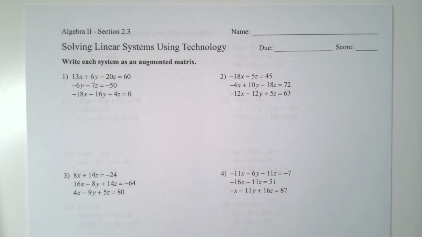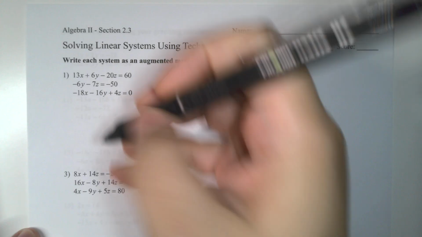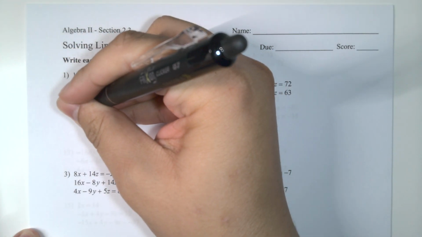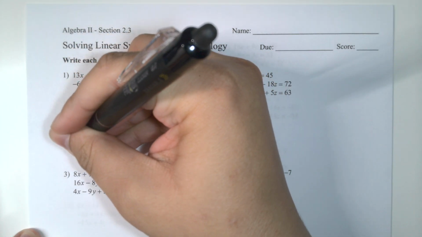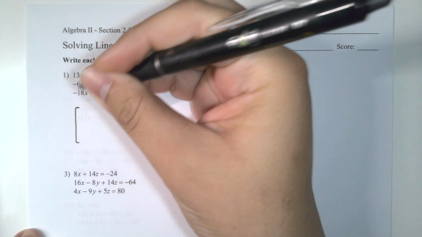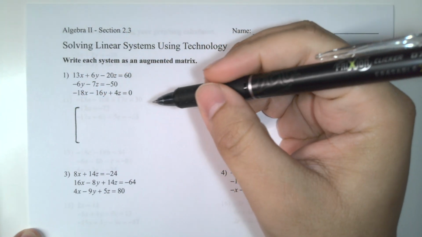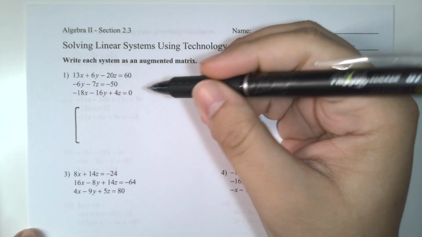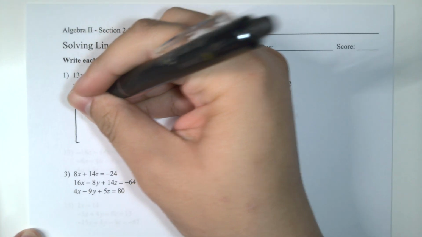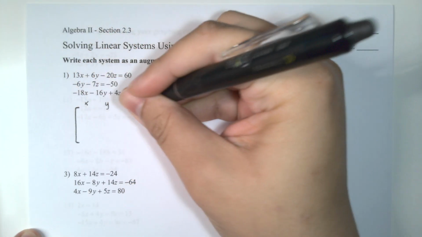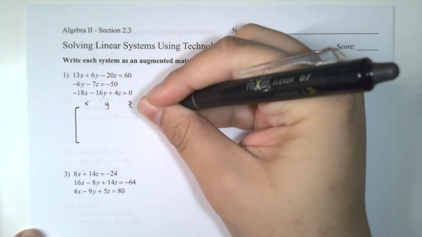So, let's see, starting off with this example here. For a matrix, what we're going to do is we're going to put our matrices in these rectangular brackets. And in each column, we're going to have x's, y's, z's.